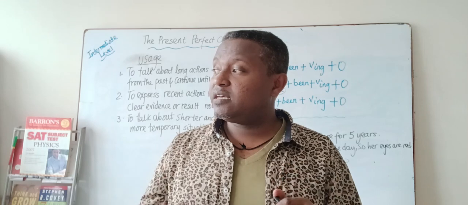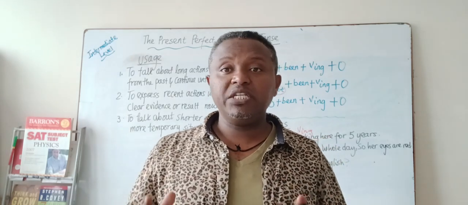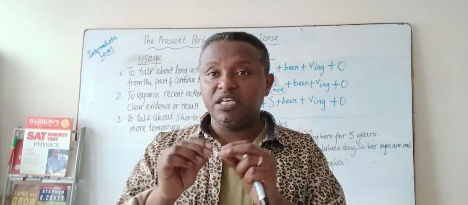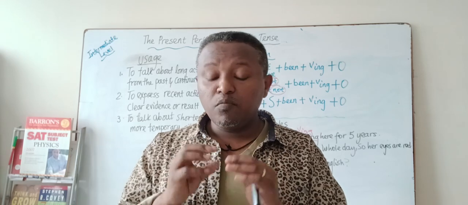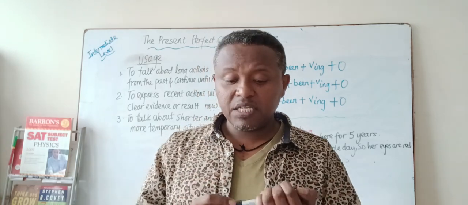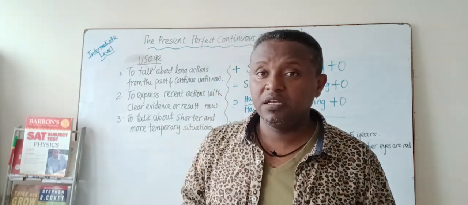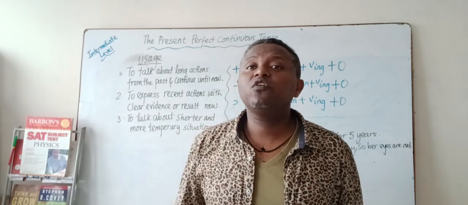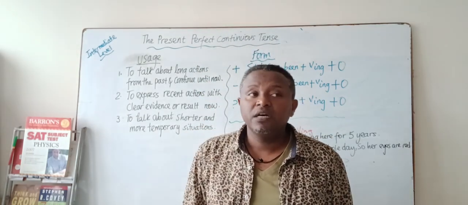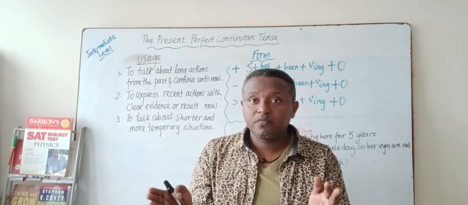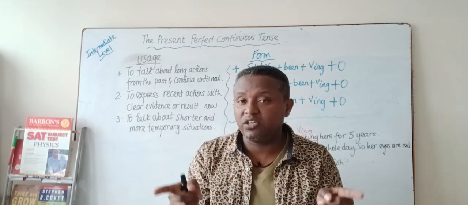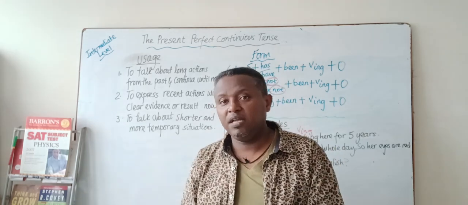All right. Another major difference, or main thing that you have to focus on here: the present perfect tense focuses mainly on the effect of that action, what happened at the end.